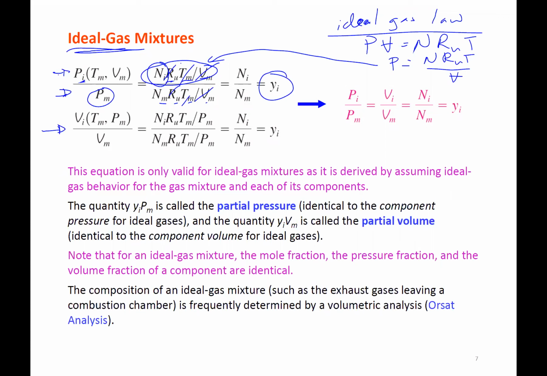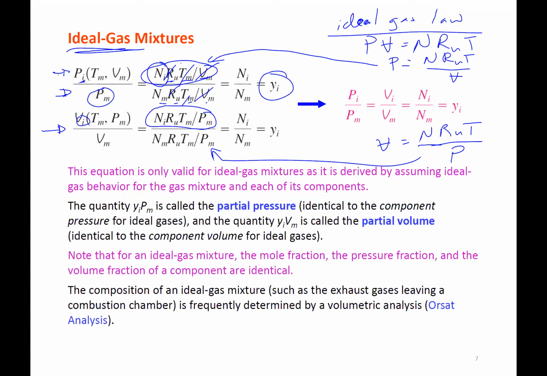Here, we have volume of that component. Okay, so we're just taking the ideal gas law and instead solve for volume, okay, and plug that in. So we put that in here for the individual component. So RU, TM, PM, because temperature and pressure are at the mixture.